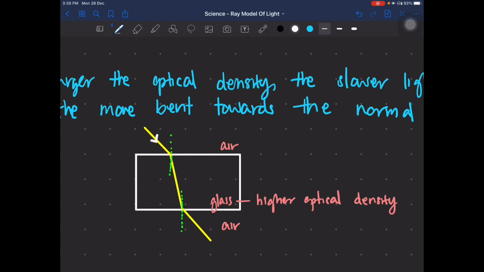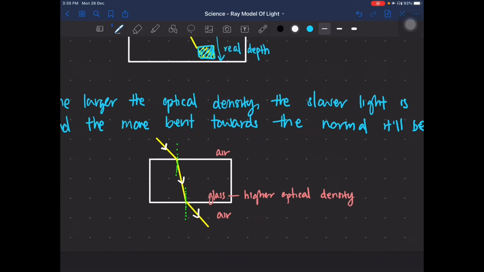When the light moves from air to glass, you slow down, because you can see that the angle here is a lot smaller than when it hit the surface. When it's leaving from glass towards air, you start to speed up, because air has a low optical density. As it speeds up, it can move away from the normal line.